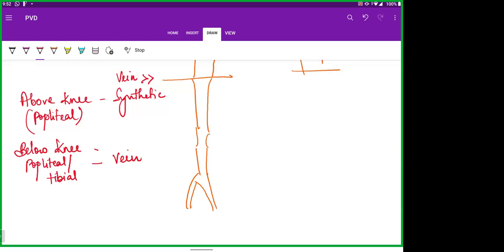You're not changing the position of the veins, but you're just destroying the valve so that the flow goes from up to down. In the valvulotome also, there are two types. One is the Mills valvulotome and the Lemaitre valvulotome. Up to this level, at least you should know.